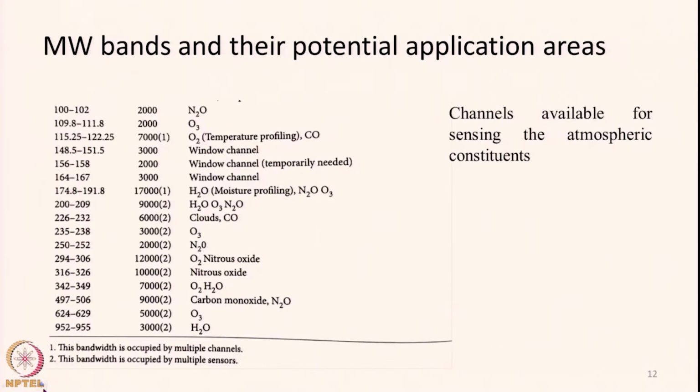So, typically the frequencies less than 40 gigahertz are used for applications related to the earth surface, be it land surface or ocean, primarily for soil moisture, ocean salinity, sea surface temperature and all.